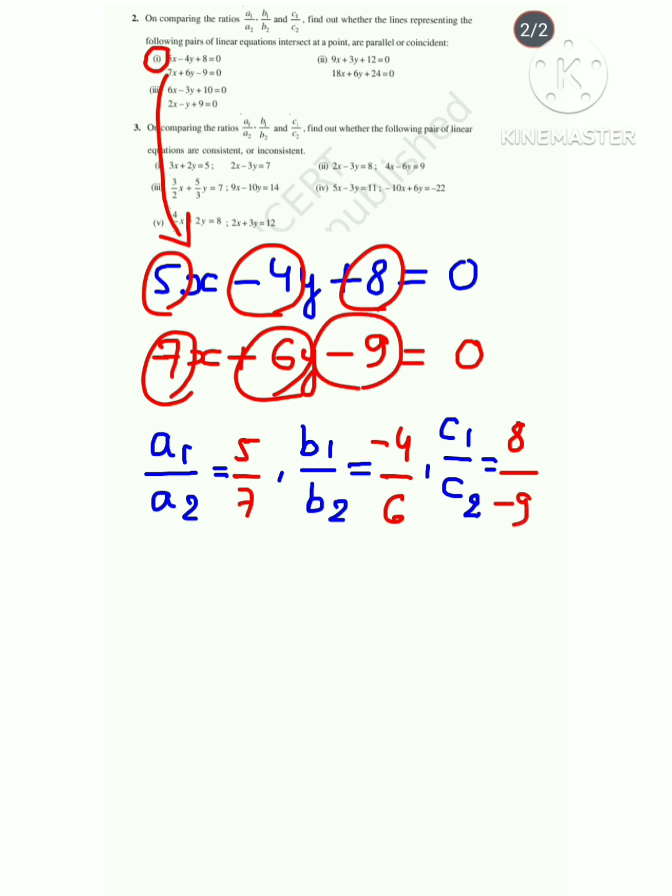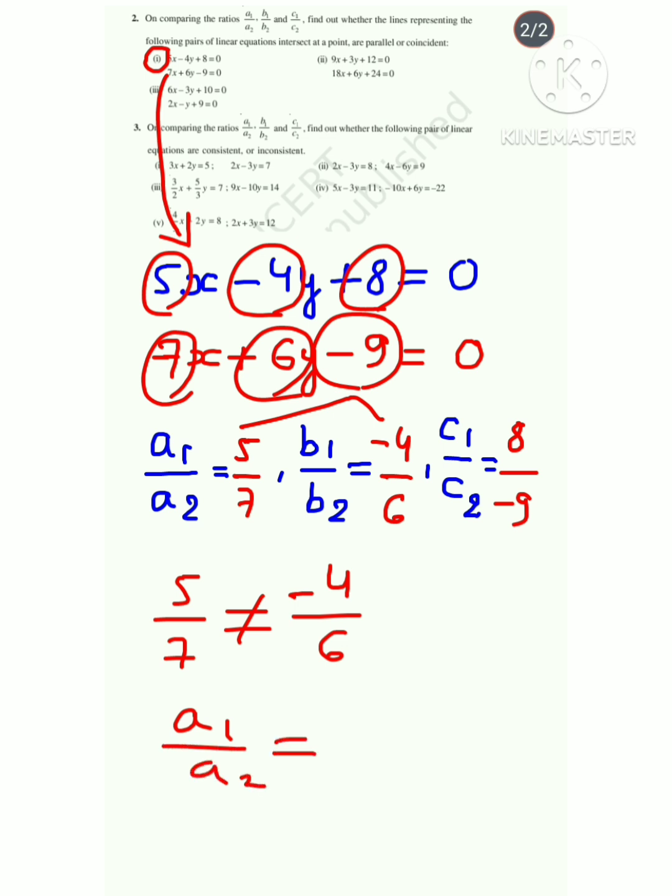And here we can observe that these two ratios are not equal to each other, so we can write 5 by 7 is not equal to -4 by 6, and this represents the ratios which we have, A1 by A2 is not equal to B1 by B2.